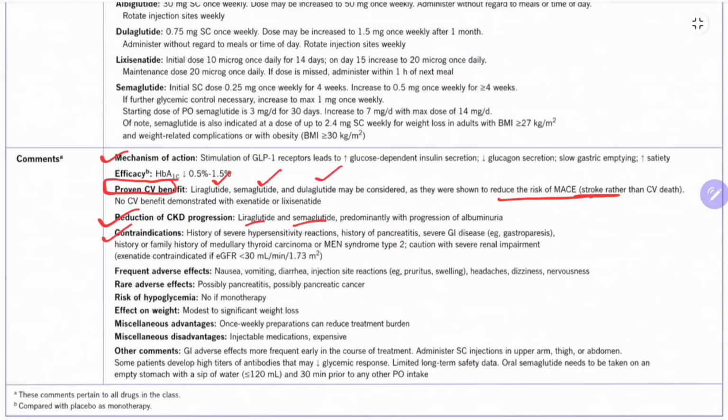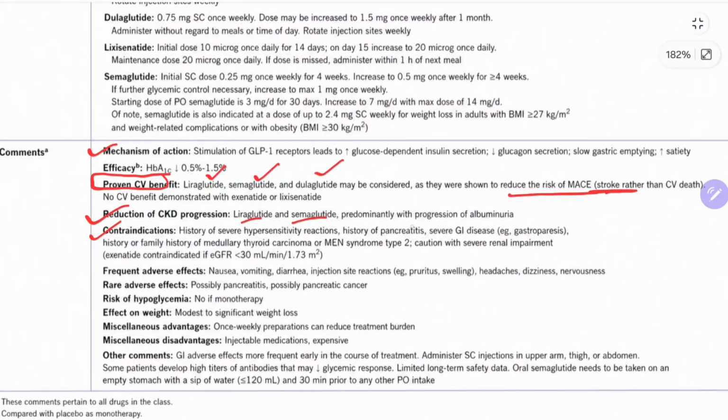Contraindications you should remember. Again, similar to DPP-4 inhibitors, pancreatitis is an adverse effect. Hypersensitivity reaction is common for all. Severe GI disease, gastroparesis: advanced type 2 diabetes mellitus patients have gastroparesis, so in that case you can't use them. Patients with a family history of thyroid carcinoma or severe renal impairment, you can't use them.